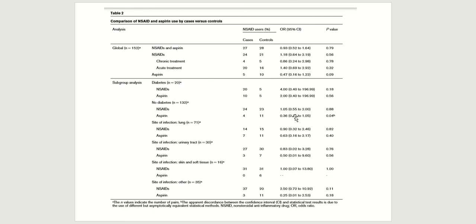But for me, if I was doing this, what I expect from you is that if you see a p-value less than 5%, the confidence interval should not cross 1. So the confidence interval of this odds ratio of 0.36, for example, should go from 0.1 to 0.98, for example, okay? All right.